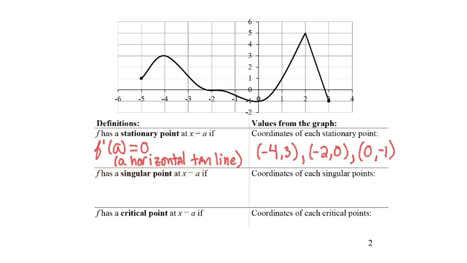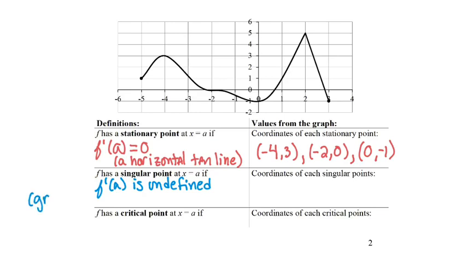A function at a value of a is singular if the derivative is undefined. Now that one's tricky for us because we haven't really talked about undefined derivatives, so we're going to look at it two different ways.